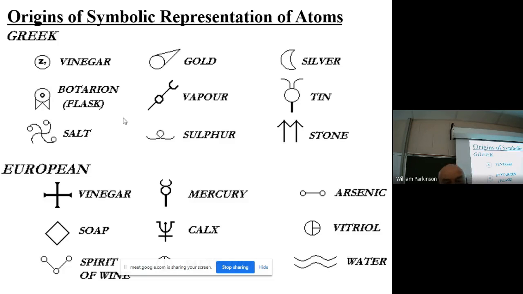The second thing I want to point out to you is that you should note that these symbols are very cryptic. And what I mean by that is there's no real logic to what the signs appear as.